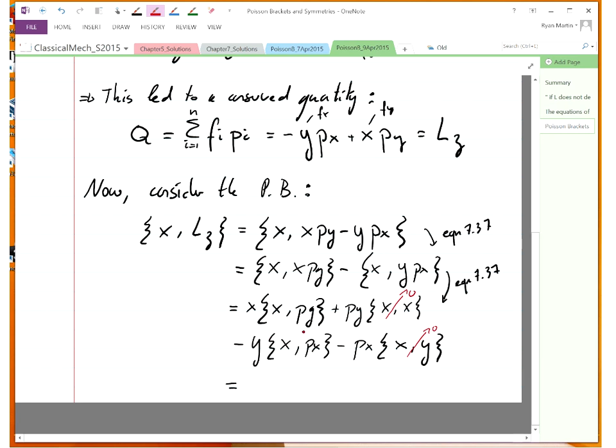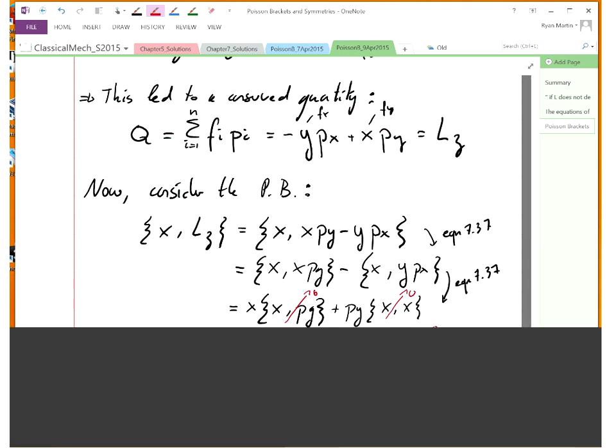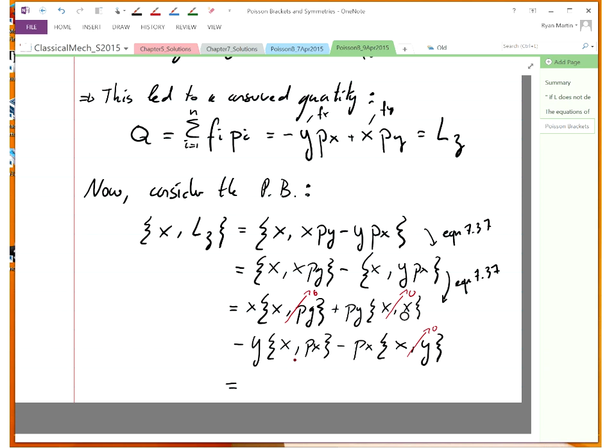Then we found the Poisson bracket of a coordinate with a conjugate momentum that's not the one conjugate to that coordinate is also 0. And then finally, we found that if we take the Poisson bracket of a coordinate with the momentum that's conjugate to it, that was equal to delta ij.